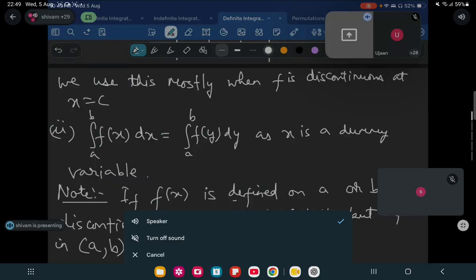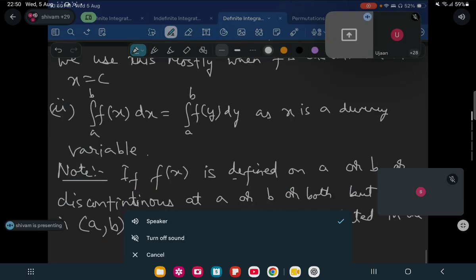Area can still be calculated in the interval a comma b, as the area of f of x at x equal to a or x equal to b is 0.